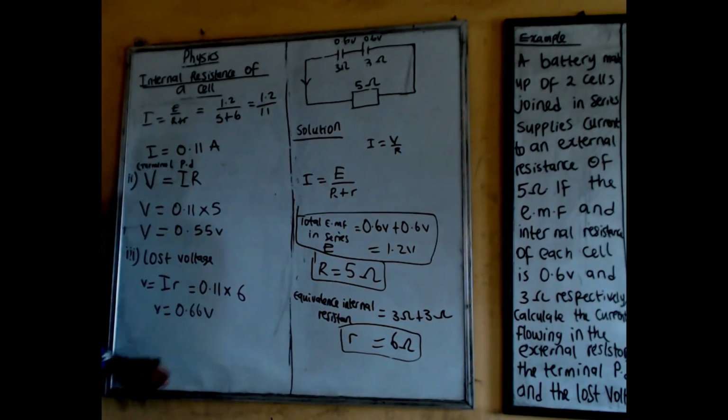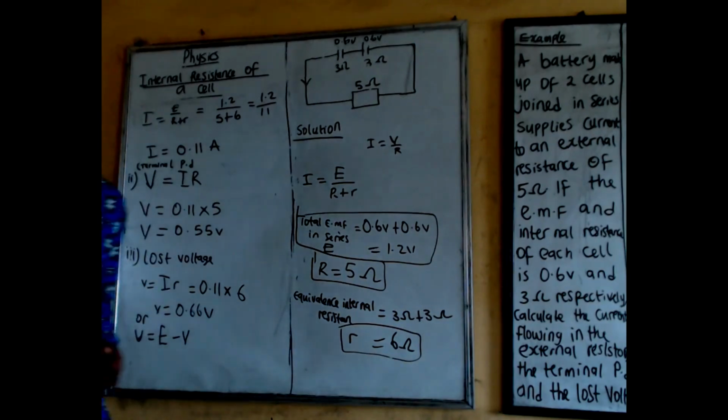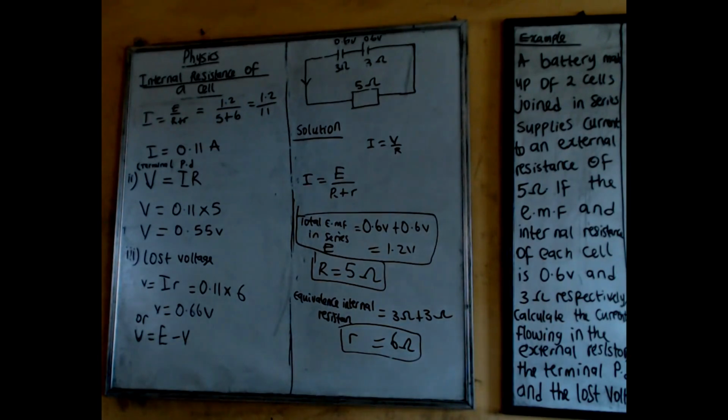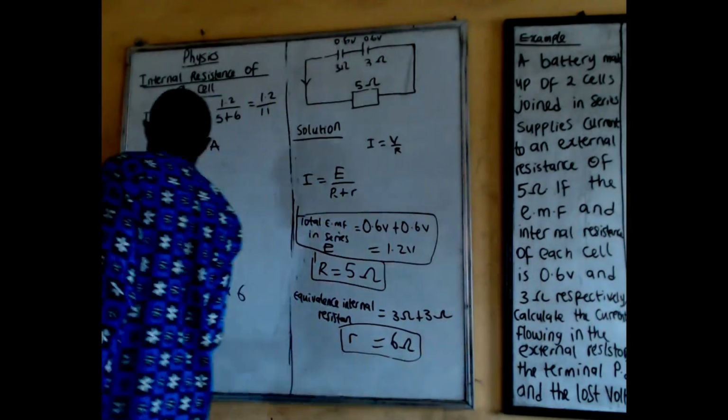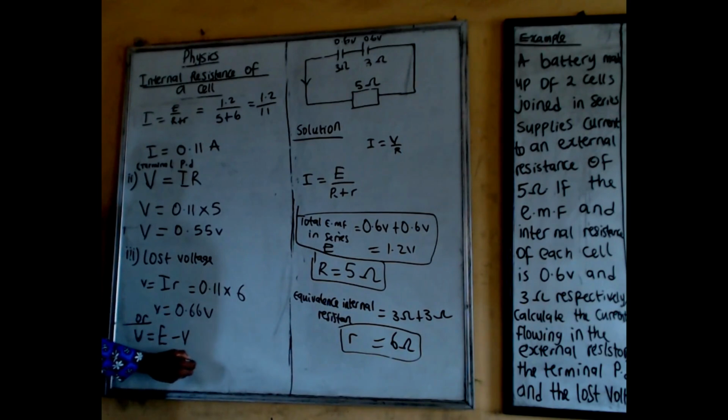Now, you can still go further in calculating small v in another way, which we said was small v is equal to E minus V. E is 1.2, our big V was 0.55.